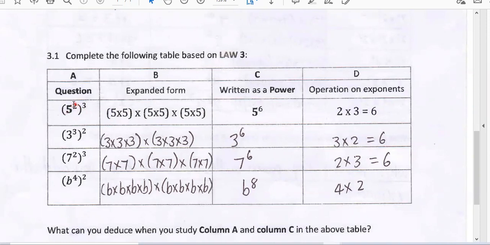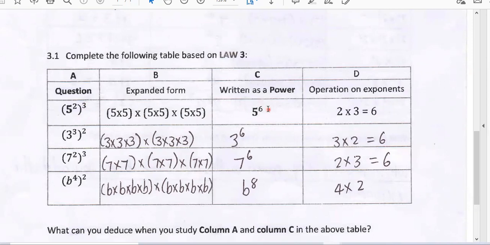So the inner exponent within the bracket is telling me I must multiply the 5 by itself 2 times. Then the exponent outside your bracket is telling me I must repeat that process 3 times. So that's why we have repeated the same thing 3 times. Now to write that as a power, it's 5 to the 6.